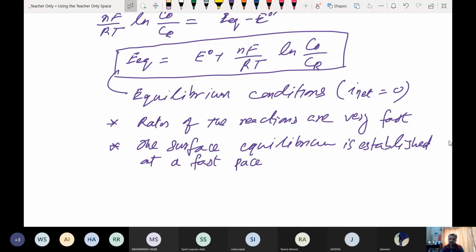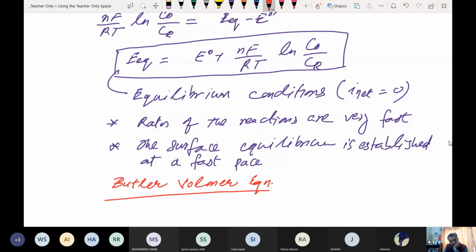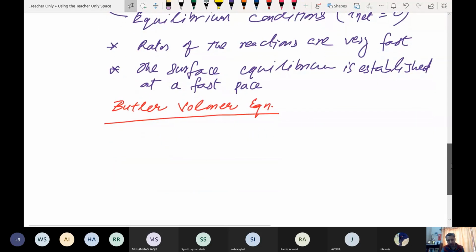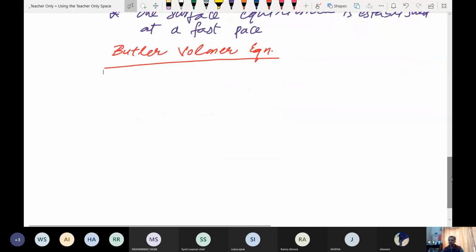For that kind of situation, one case that we observe is a very interesting and popular equation, the Butler-Volmer equation, which is actually again a special case. One special case was when you saw what happens if there is an equilibrium.